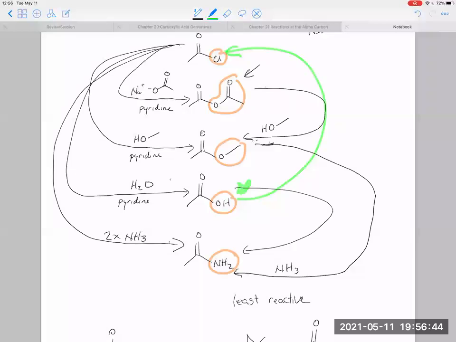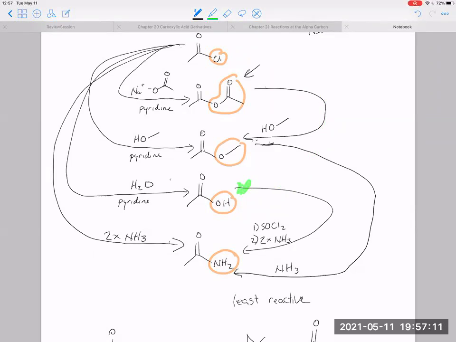Because this is one of the only ways we know how to jump back to an acyl chloride from a carboxylic acid, and that is using, first, SOCl2. And again, all that does is jump us back to the acyl chloride. So then from there, I can do what I did down here and add 2x of ammonia.